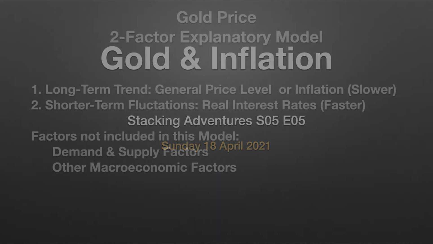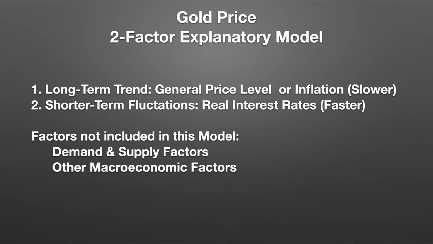So if you recall, in the last episode, I came up with this two-factor explanatory model. The goal is to find a simple, mental model, so you can get a feel for why the prices did what they did. One factor is a long-term trend, and the second is the shorter-term fluctuations.